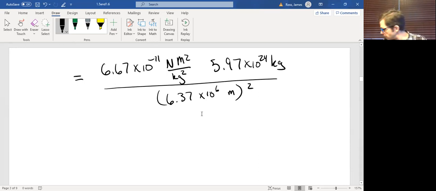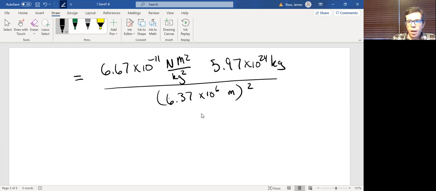So the other thing that it talks about in section 1.5 is estimation. So I look at this and I say, I can probably estimate this pretty well. Like all of these are around 6, right? I'm dividing by 2 factors a little bigger than 6. I'm multiplying 1 factor slightly smaller than 6, basically 6, and 1 a little bigger.